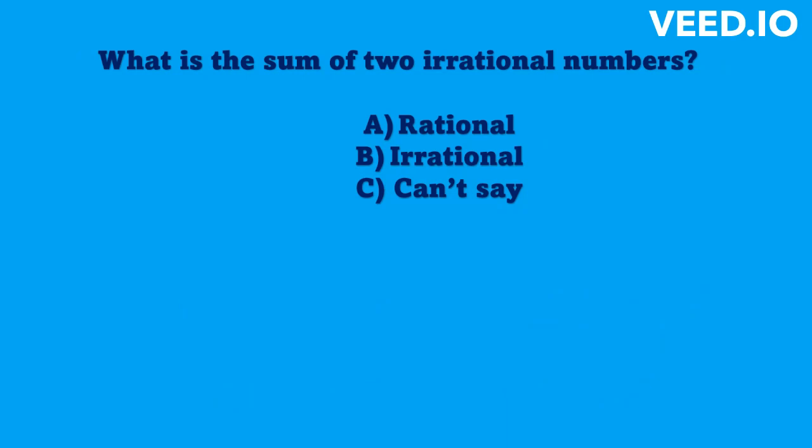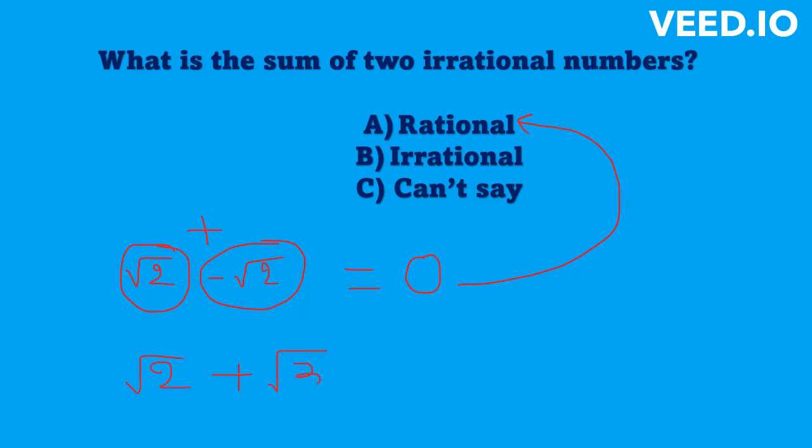Now the sum of two irrational numbers. Let's see examples. We have root 2 and minus root 2. These are two irrational numbers. We are adding them up. The answer is 0, which is a rational number. Let's take another example.